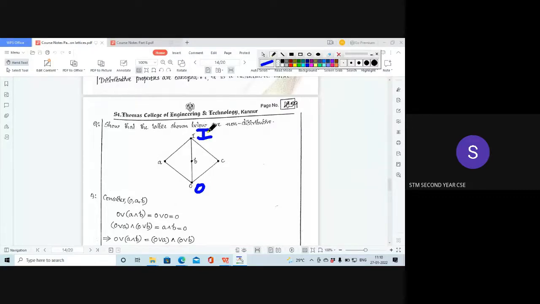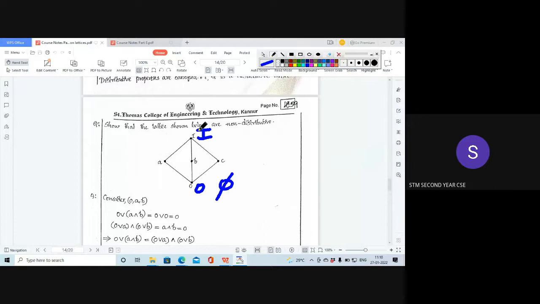For any set, the highest element will be the entire set, and the lowest element will be the empty set. So in a lattice also the lowest element is 0 and the highest element is 1. Here A, B and C are the actual elements.